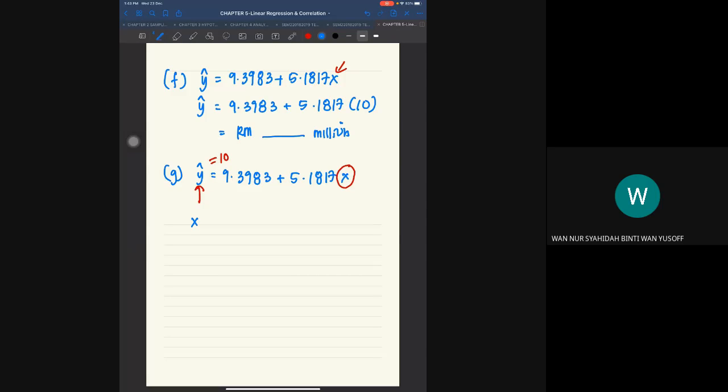So your x, replace y with the 10. When we predict the x, we need to put cap on your x because we predict the x here. So you will get, and then don't forget the unit km. Any question?